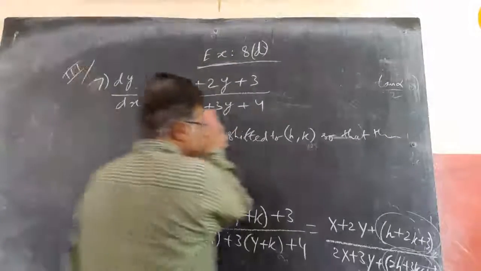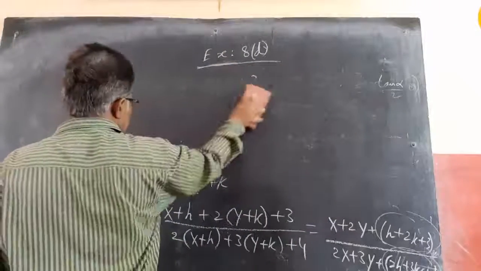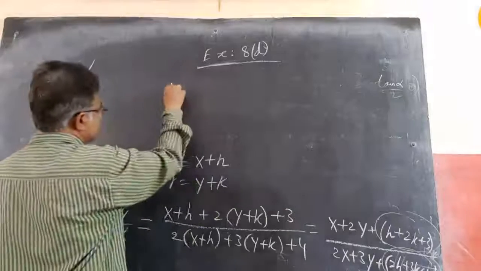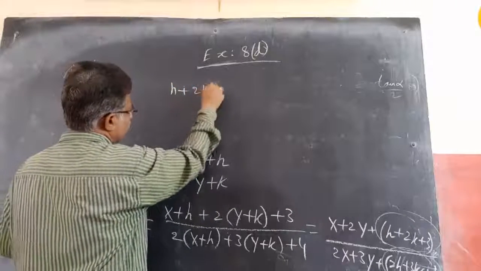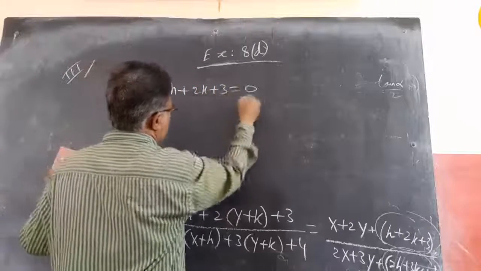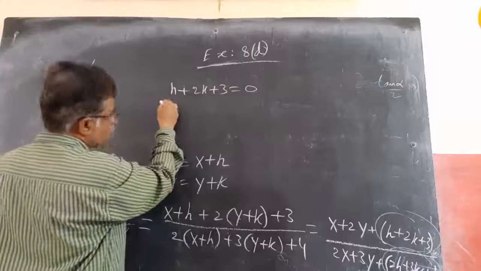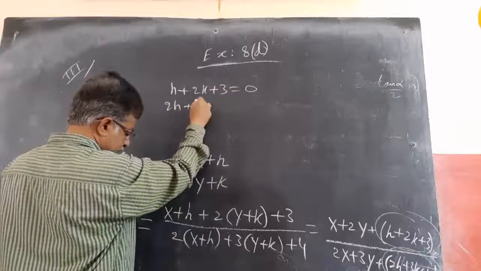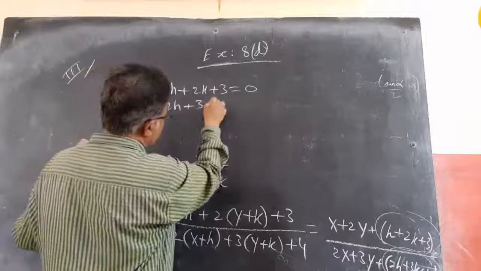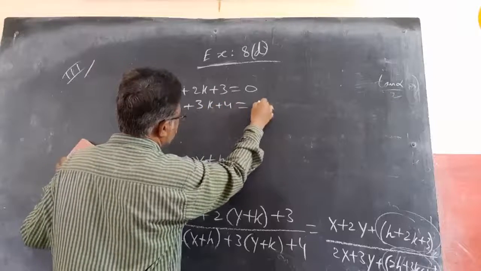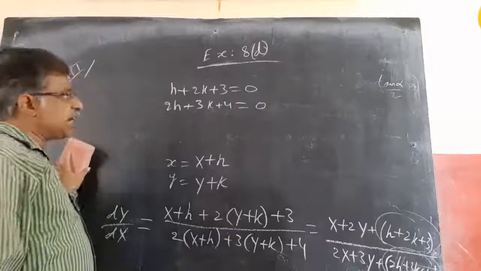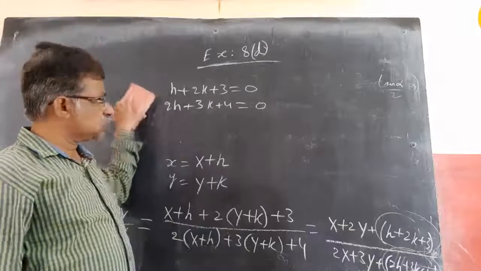Implies h plus 2k plus 3 equal to 0 and 2h plus 3k plus 4 equal to 0.